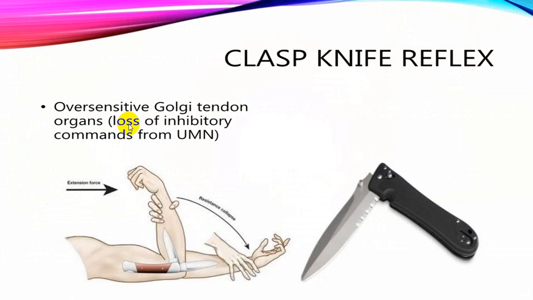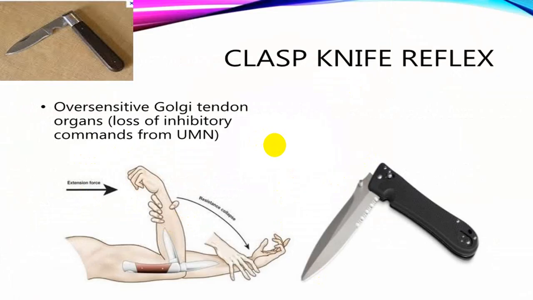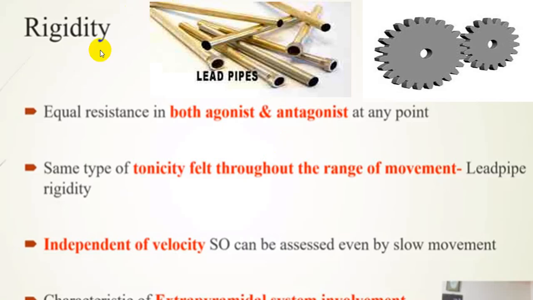So you will have a loss of inhibitory command from upper motor neuron. Typical clasp-knife. While constant resistance in both groups of muscle, agonist and antagonist, throughout the movement, that will be typical in extrapyramidal, we call lead pipe type, or in case of cogwheel rigidity. So that will be the typical description.